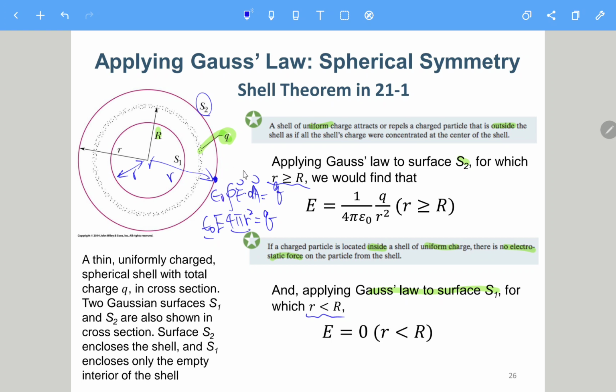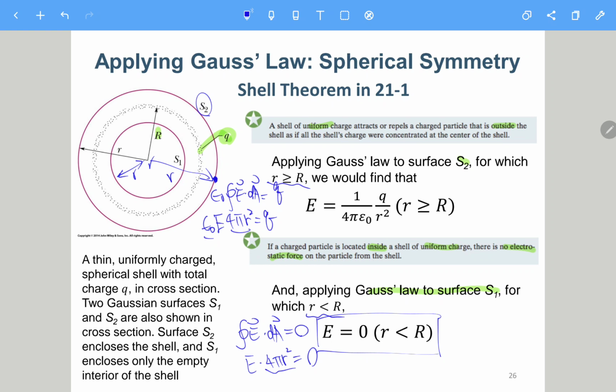So it turns out that this surface integral should be 0. And actually E is uniform, so it is E times 4 pi r squared equals 0. This is not 0, so E will be 0. That's why inside the shell we have E field equal to 0.